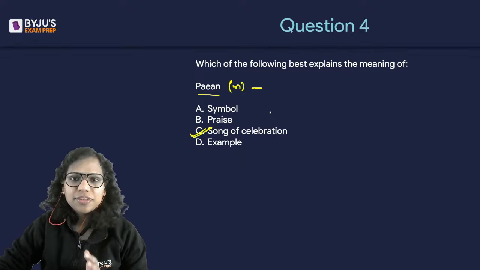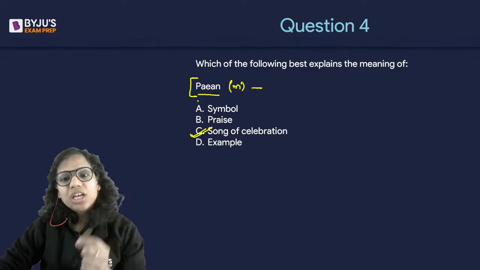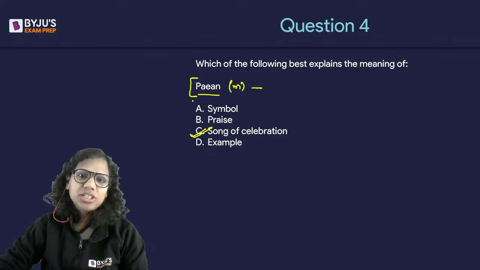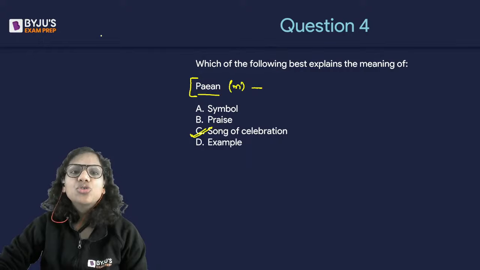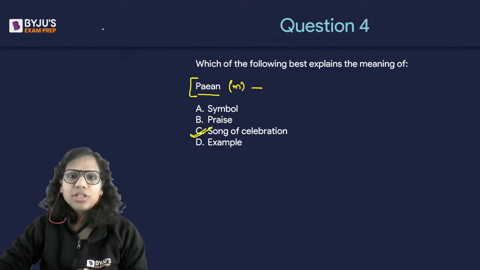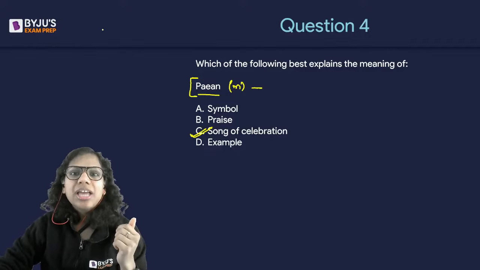No other option fits. Now here, I wanted to make this point through this question that sometimes you have to know the meaning of the word itself. The options, elimination, they won't help you, right? So use elimination in whichever questions you can. For instance, in the second question that we saw, elimination helped you, right?